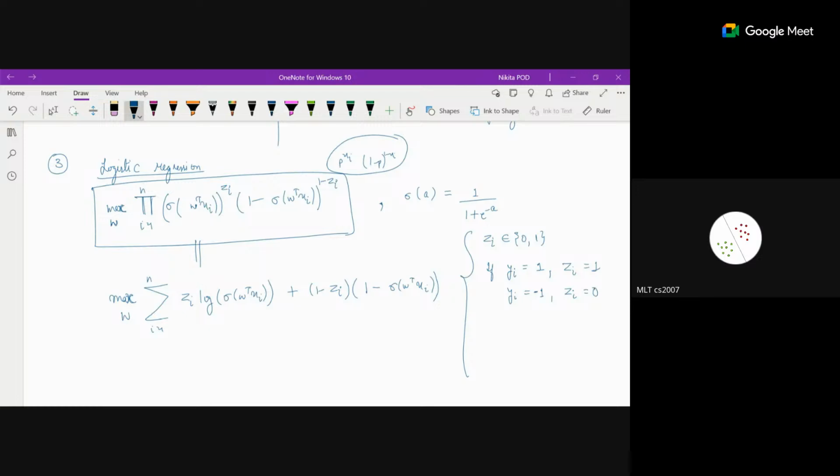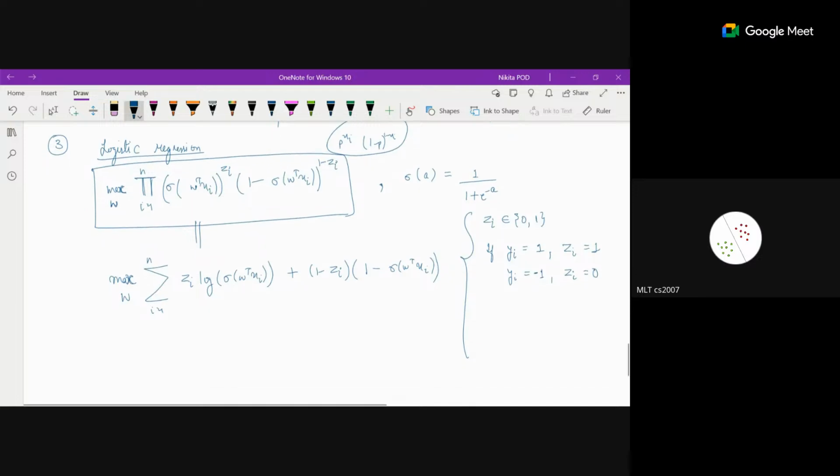Right? 1 will stick to 1, but whenever my zi is 0, my yi should be -1 in that case. So this is how we can define my zi: zi is equal to 1 if yi is equal to 1, and 0 if yi is equal to -1.